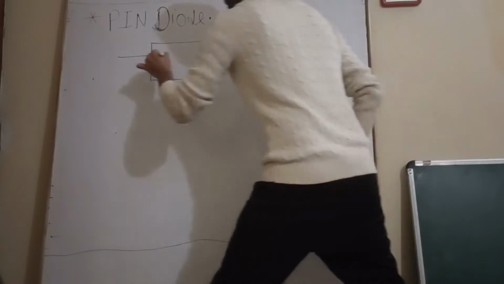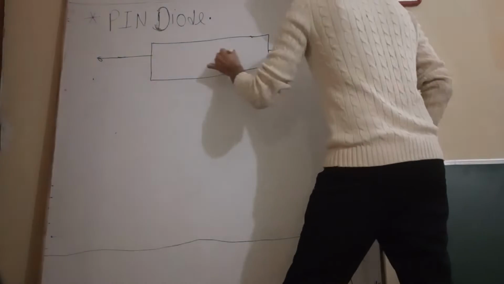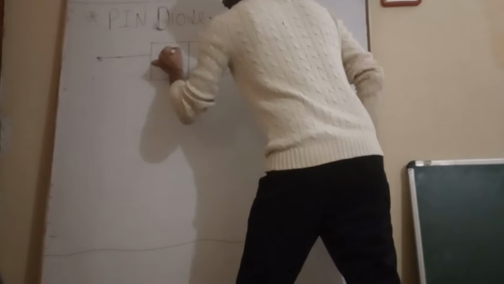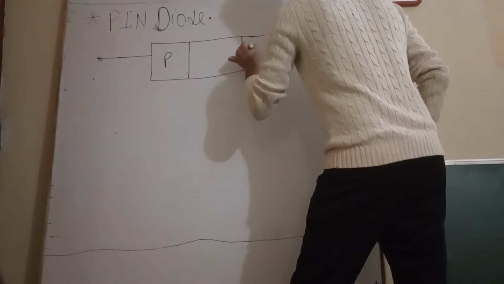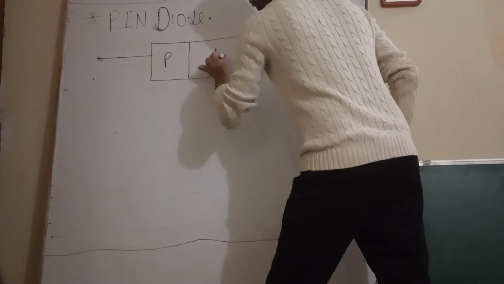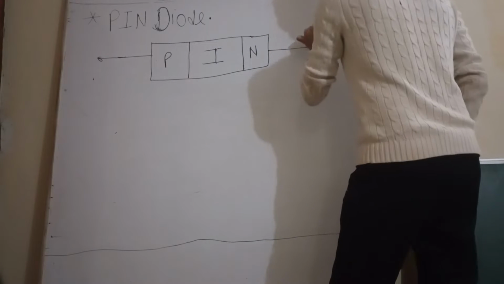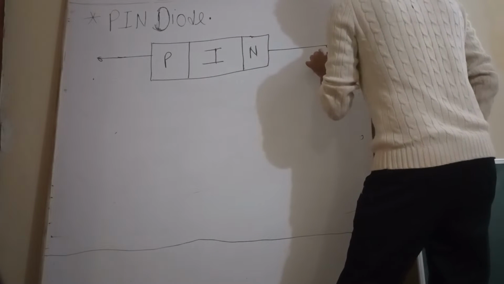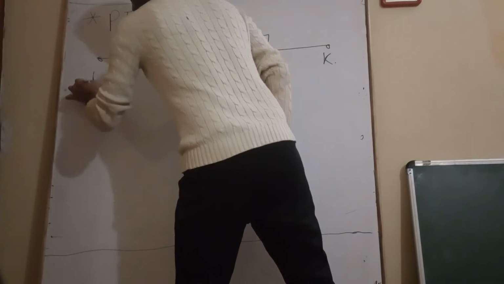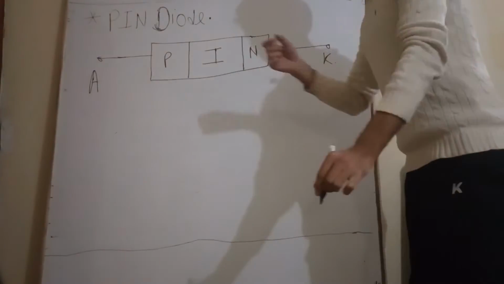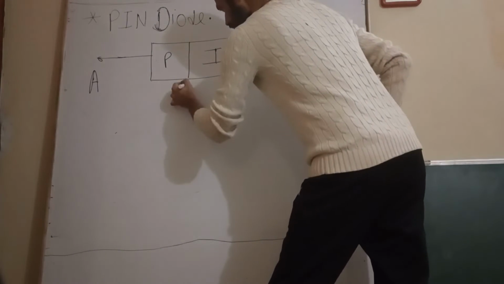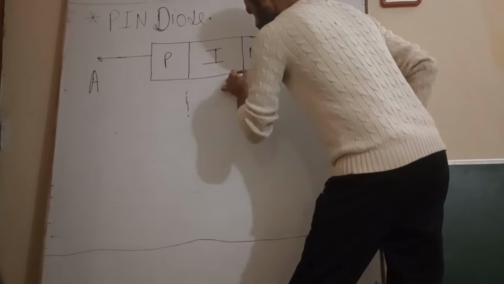Just listen. This is my P region and this is my N region, and this is my intrinsic region, with the cathode and the anode. Now what is the main purpose of this intrinsic region?